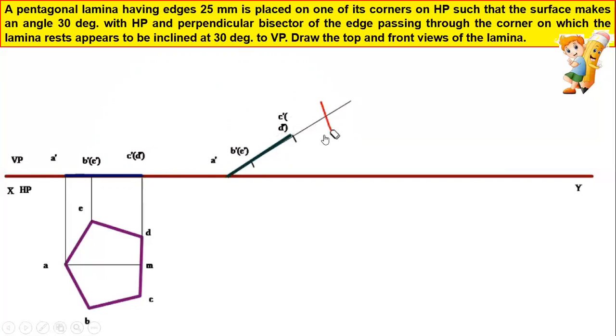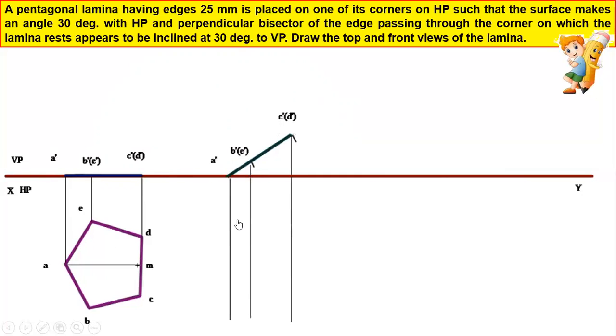Trim the extra lines. Now use the projection line and project the front view. Now project the top view also. A intersects with A dash, that will be the point A. B intersects with B dash, that is the point B. C with C dash, D with D dash, and E with E dash.